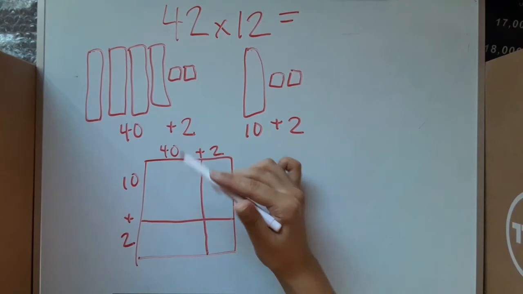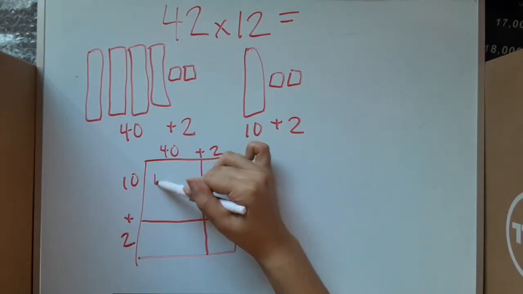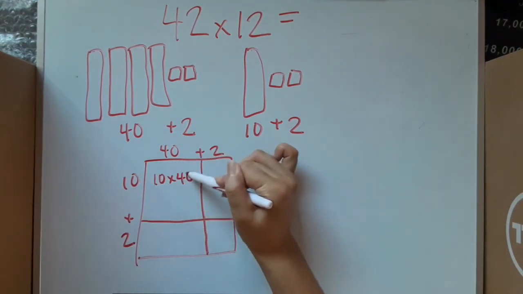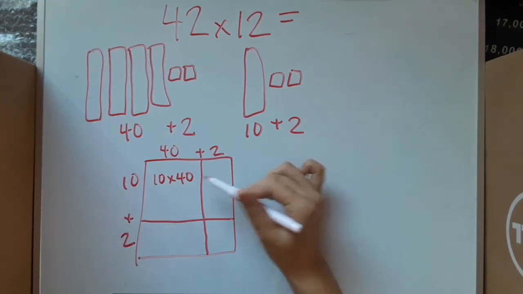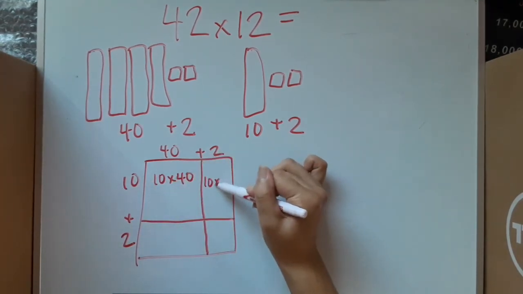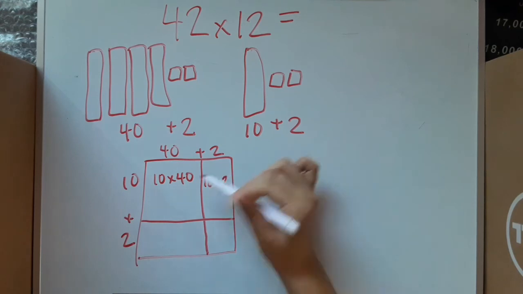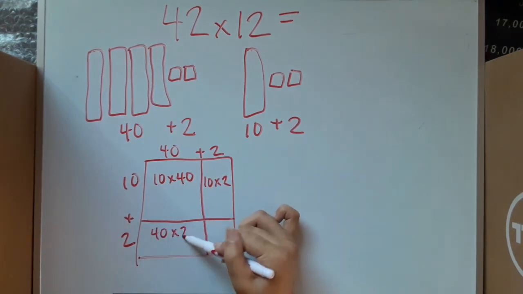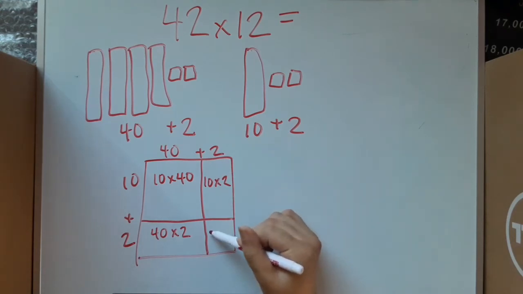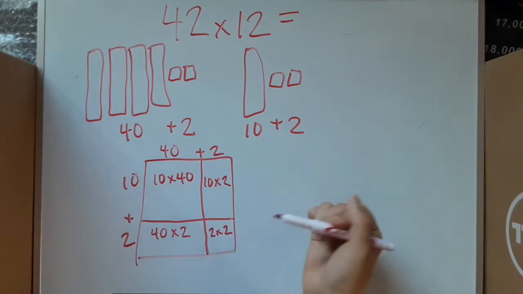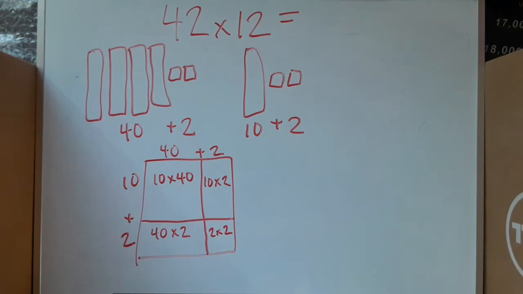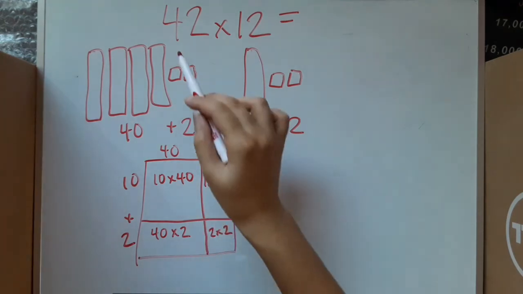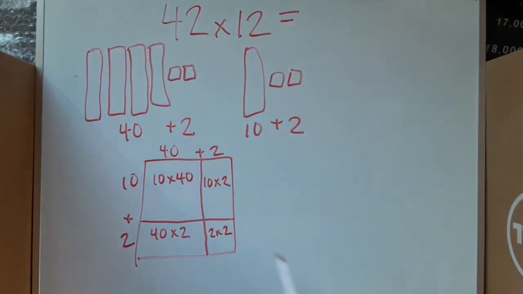In this box, we'll do 10 times 40. In this one, we'll do 10 times 2. In this one, we'll have 40 times 2. And in this one, we'll have 2 times 2. Instead of doing 42 12 times, this way makes it much easier.